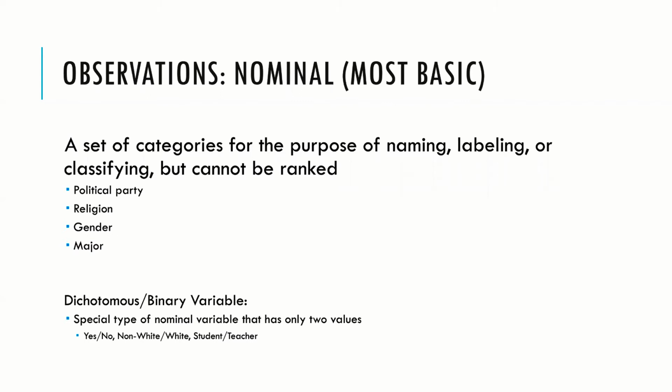And you can't say that one category or attribute is better than another. You might subjectively think that Republicans are better than Democrats, or Democrats are better than Republicans, or progressives are better than all of them, but that does not mean that they can objectively be ranked, right?